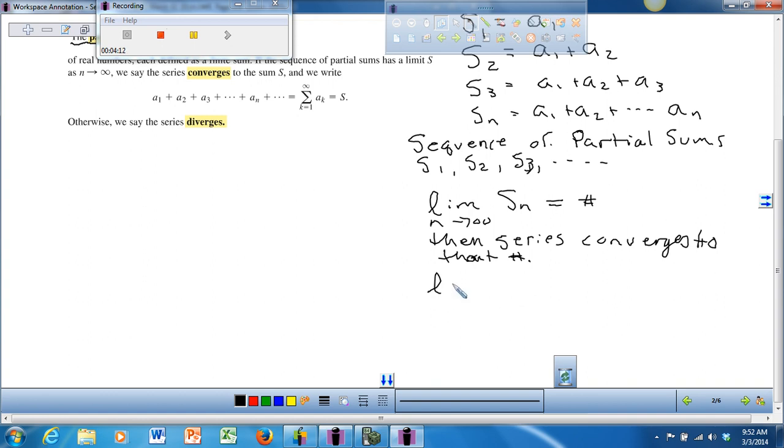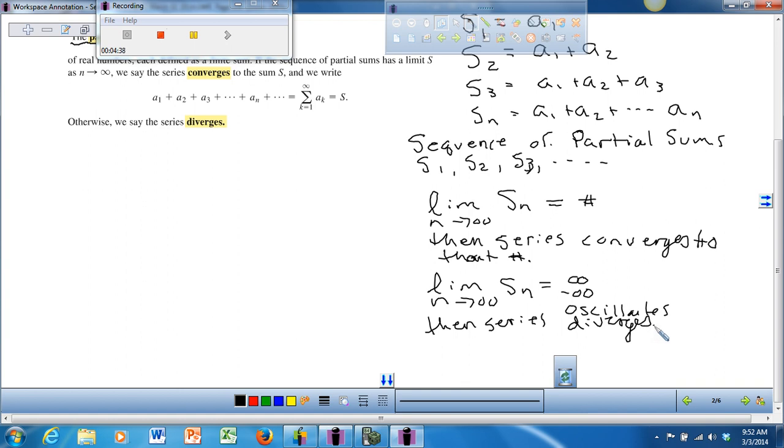And if our limit as n approaches infinity of that sequence equals positive infinity or negative infinity, or it oscillates, or any of those situations where we found divergence in the last chapter, then the series diverges. So that's the basic rule for determining if an infinite series converges or diverges.